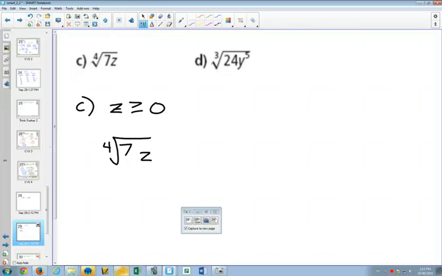And this one's already simplified. The only way you could simplify the 7 is if you could divide by a perfect fourth. The smallest perfect fourth is 8. So there's going to be no way that you can simplify the 7.